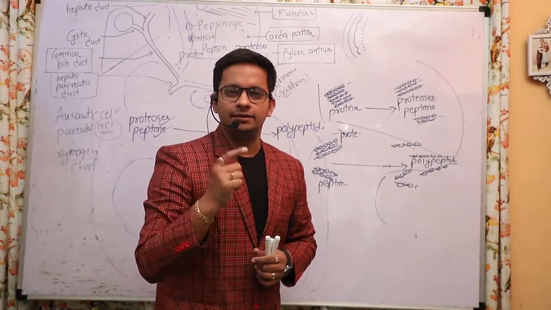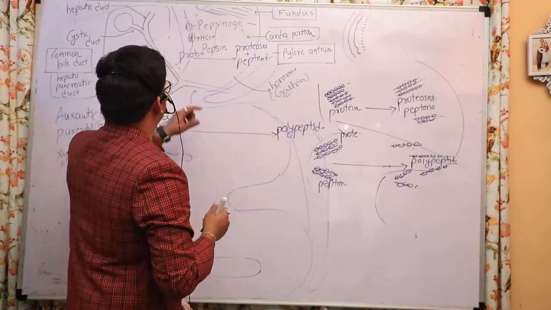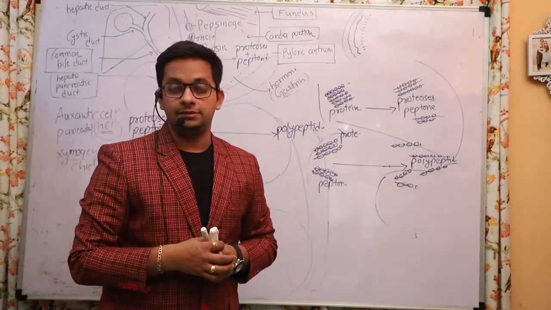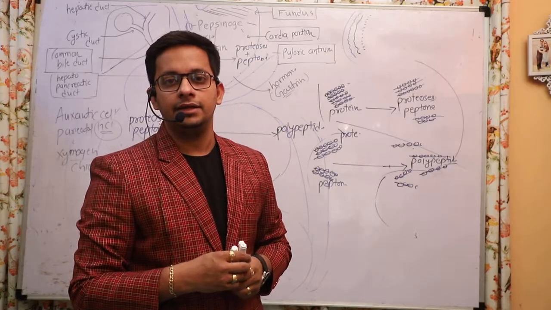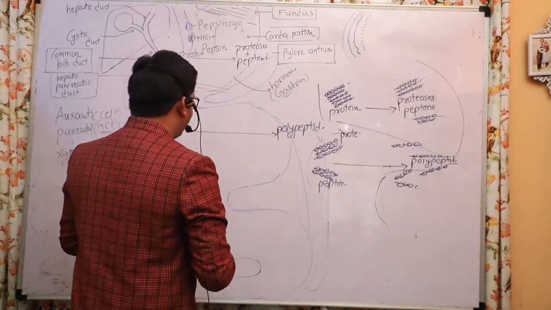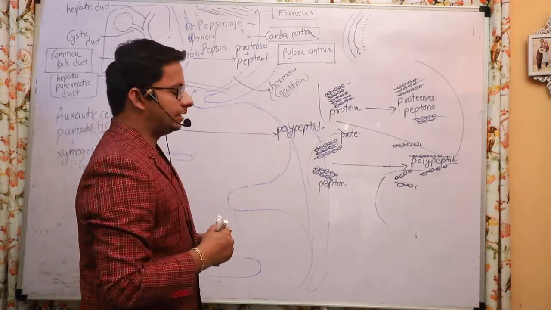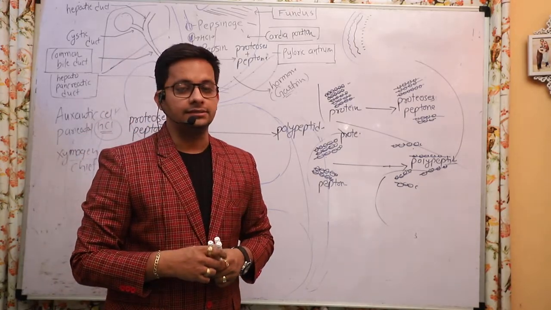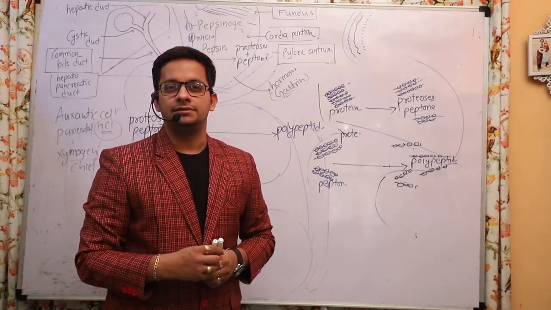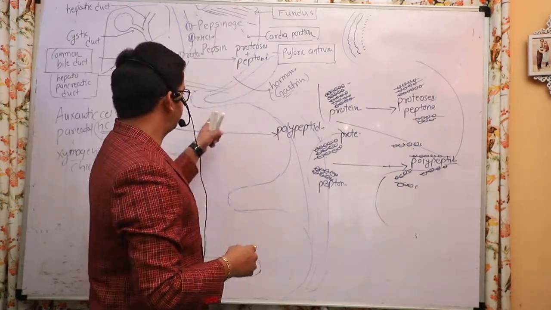In the same way, in the mucosa layer the oxyntic and zymogen cells are present. This may be a question in the examination. So remember this. Now, how will this reaction take place in the duodenum? This is the best question, and another three answers are also based on this topic.